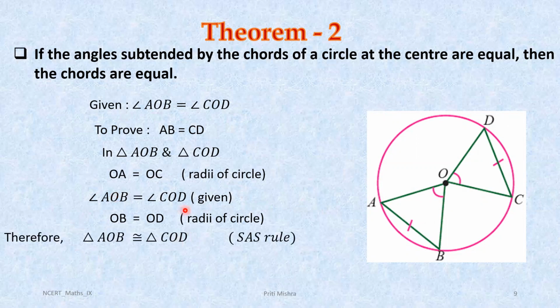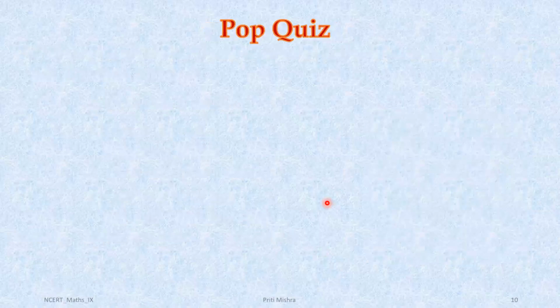So on the basis of these 3 points, we can say triangle AOB is congruent to triangle COD by SAS congruency. Then with the help of CPCT, we can say AB is equal to CD because corresponding parts of congruent triangles are always equal. And this we had to prove for this theorem. So we proved our theorem.